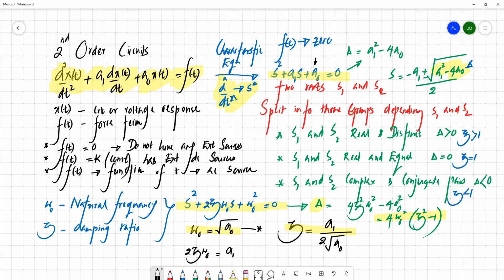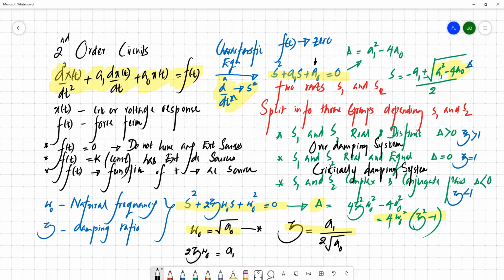If zeta is greater than 1, we can simply say that this is an overdamping system. We'll see what the difference is between overdamping and the other scenarios. If zeta equals 1, so the damping ratio equals 1, this becomes a critically damping system.